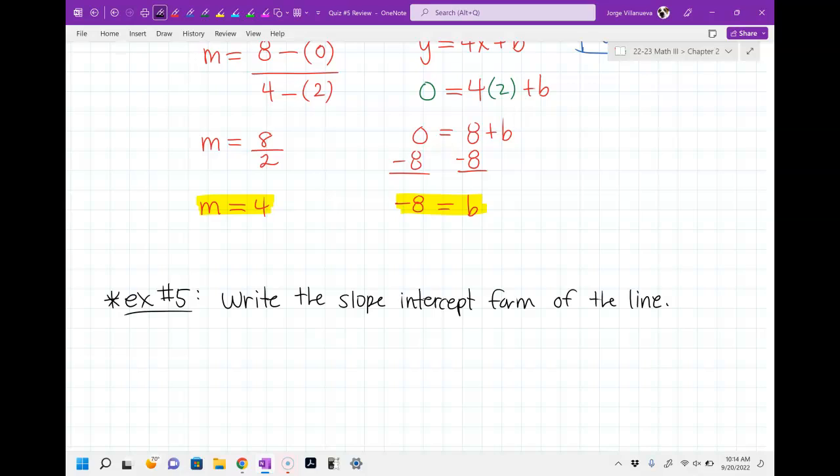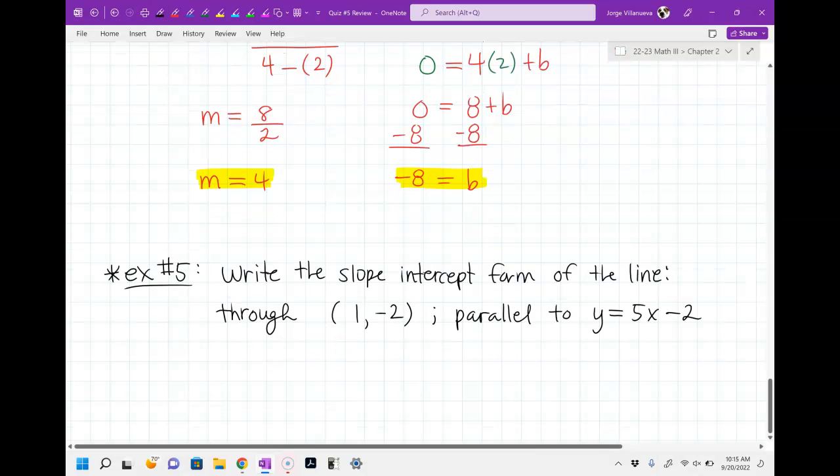And they're going to tell you 2 pieces of information. They're going to say it's going through some point, let's say 1, negative 2. And then they're going to say it's parallel to y equals, let's say, 5x minus 2.